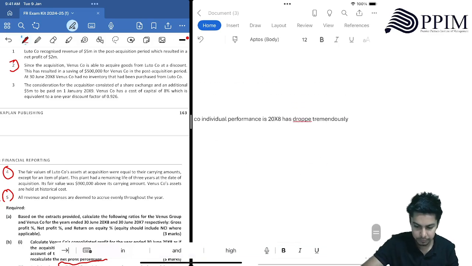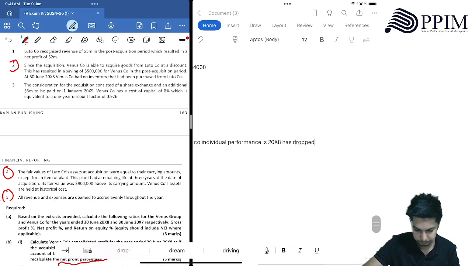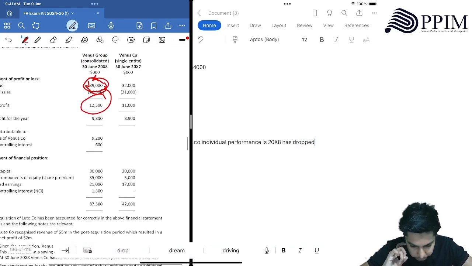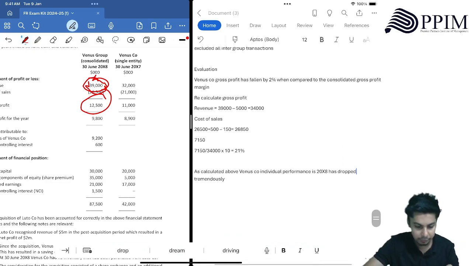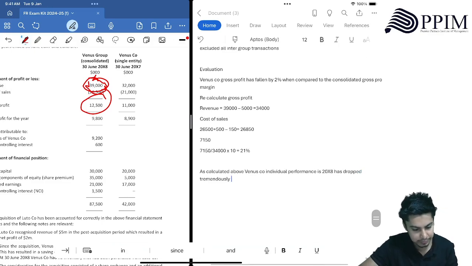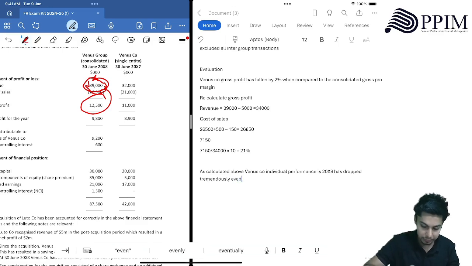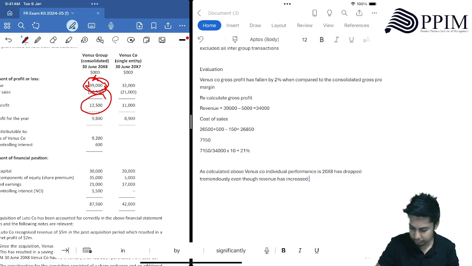Due to a decline in revenue. No, but we can tell actually, guys, revenue has increased. So, has dropped tremendously, even though revenue has increased by 2 million.